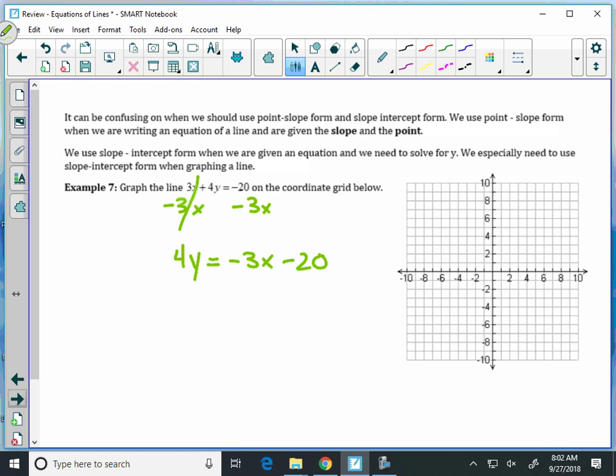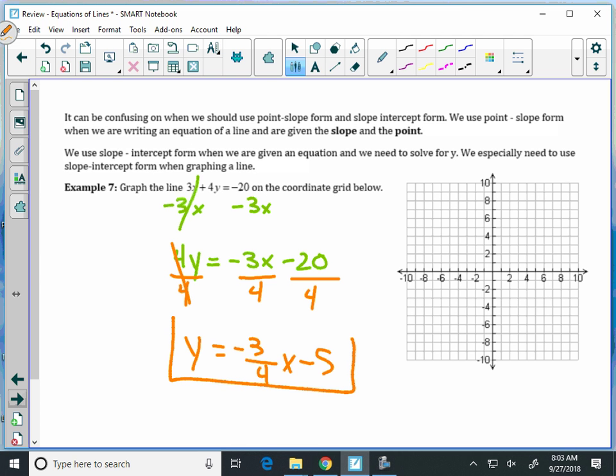What's our next step now in getting y by itself? Good. We're going to divide by 4. Everything by 4. So y is equal to, does 3 over 4 simplify? No, just leave it as negative 3 over 4. And negative 20 over 4 simplifies down to what? Negative 5.